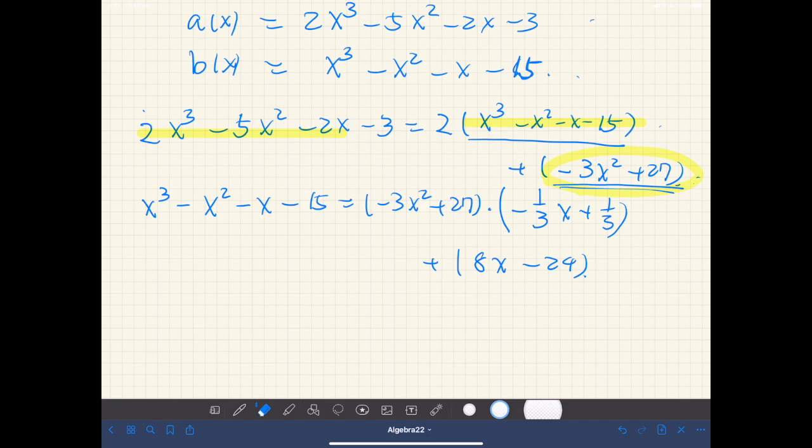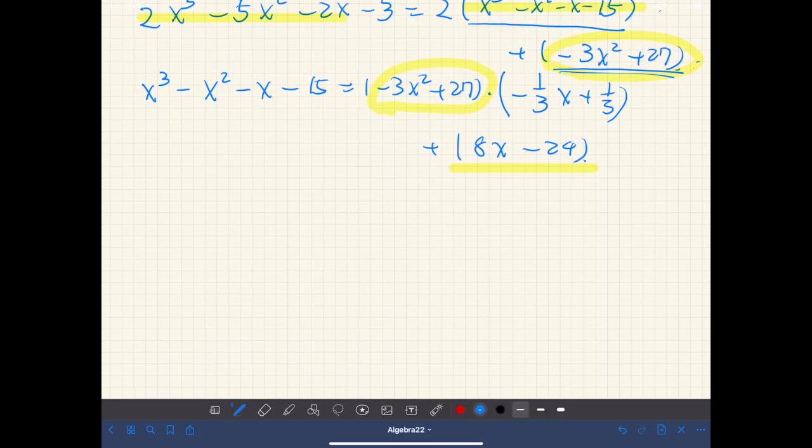Now, next we divide this part by the remainder. Okay, so that is negative 3x squared plus 27, 8x minus 24 times negative 1 over 8x minus 9 over 8 with no remainder.